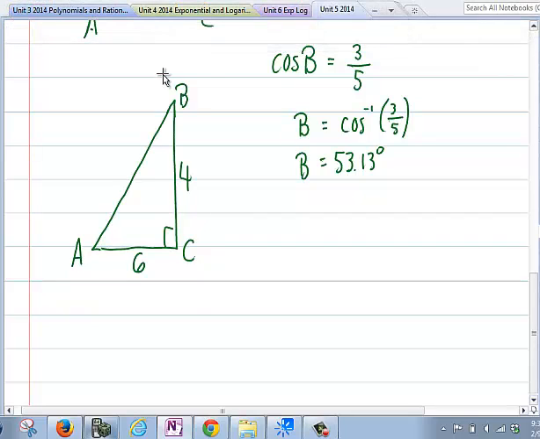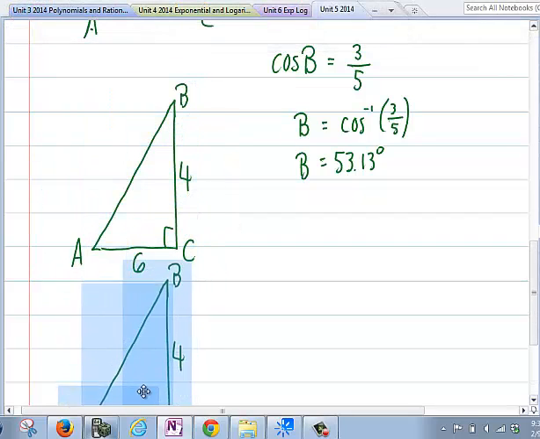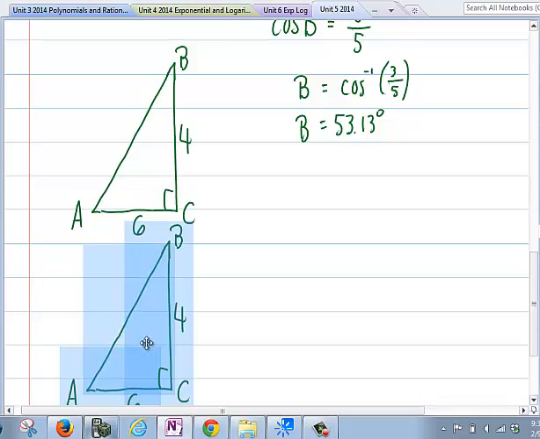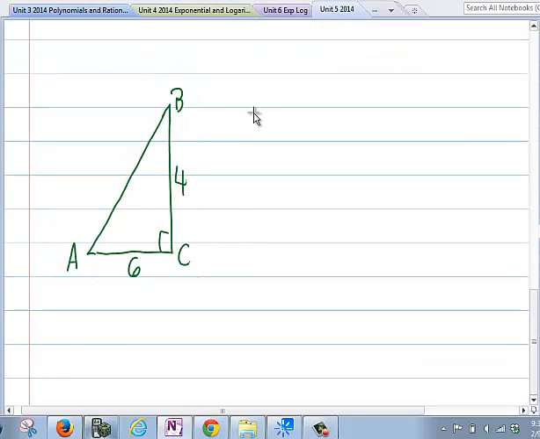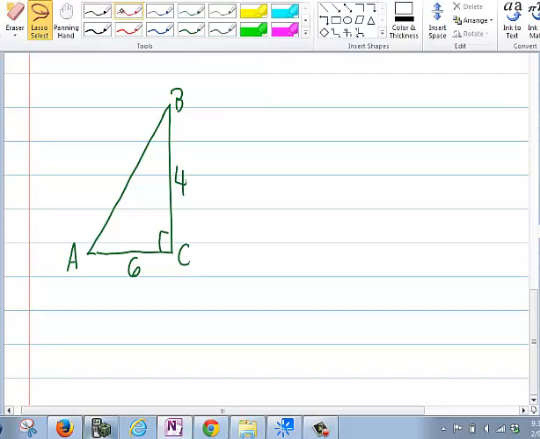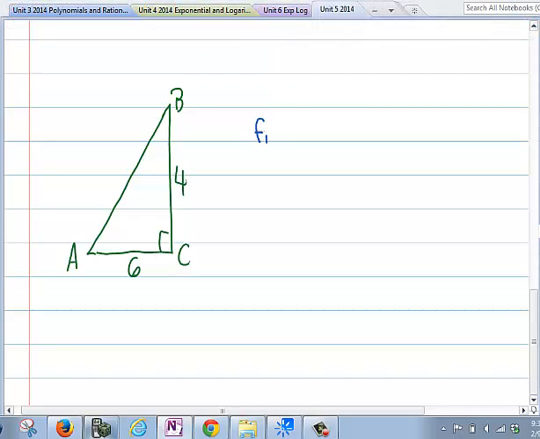Let me just move the triangle down a bit so it doesn't confuse us. So they wanted us to find in this problem, find angle A. So I'm going to pause the video, and you should pause it as well, and try to find that angle A using those two sides and inverse trig.